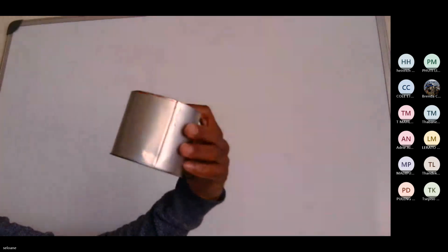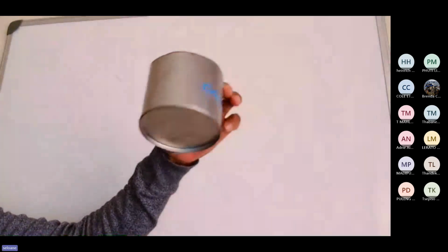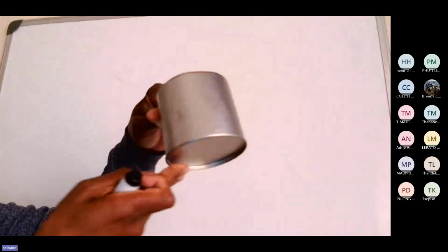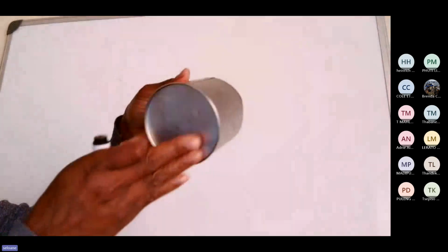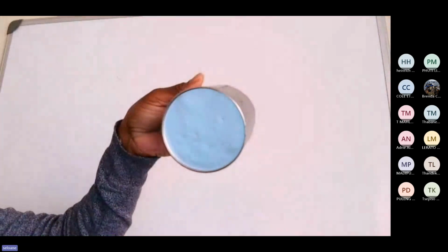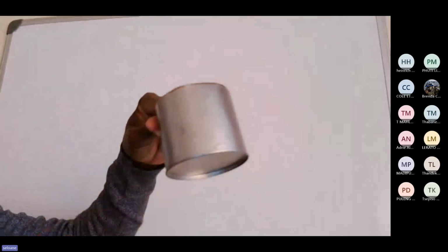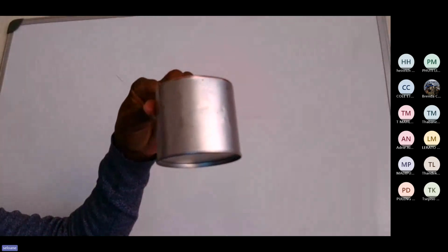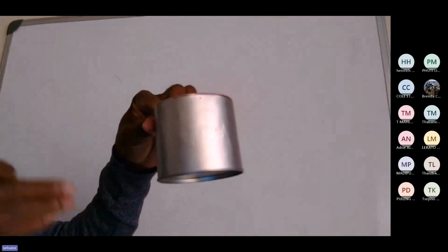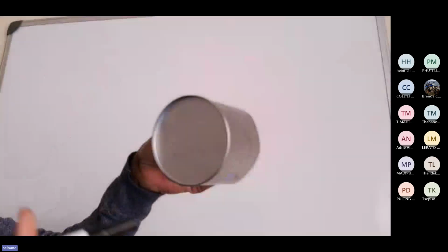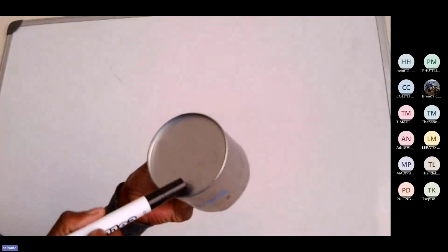Now, if you have a cylinder like this, the base is circular. What is the area of something circular? It will be pi r squared, where r we know is the radius.